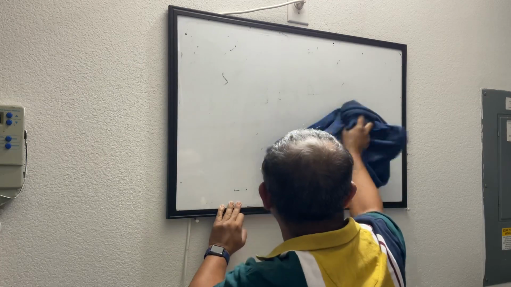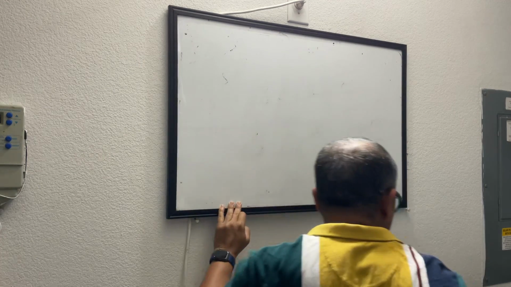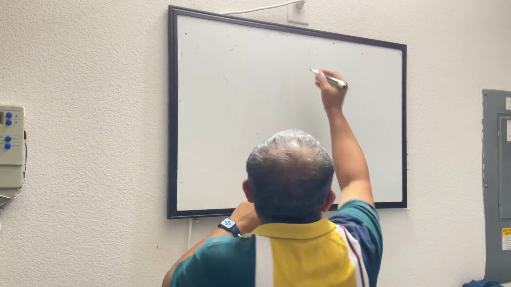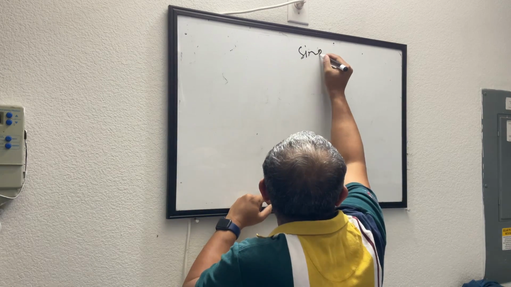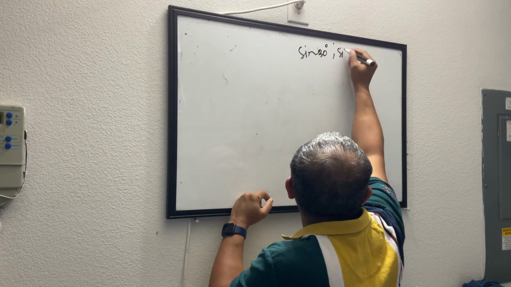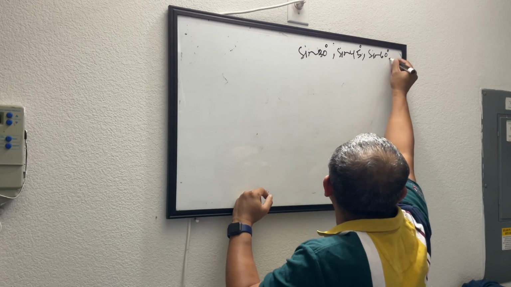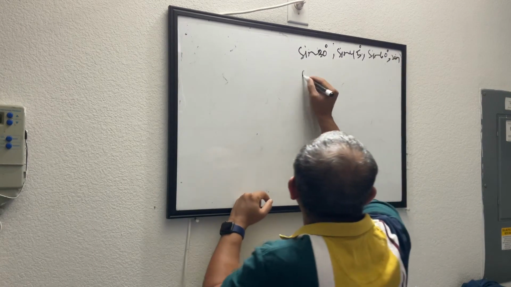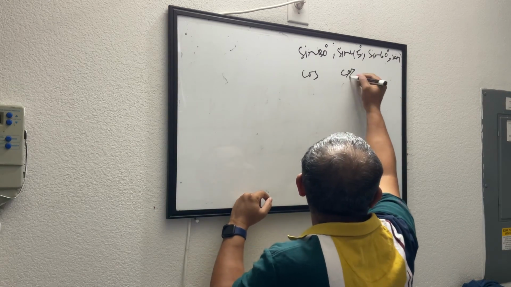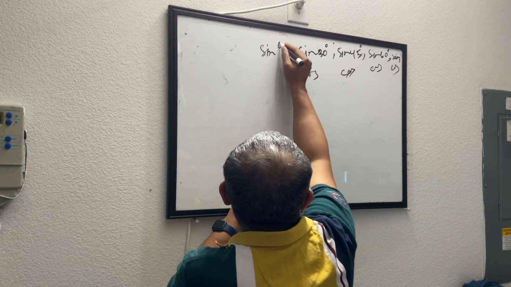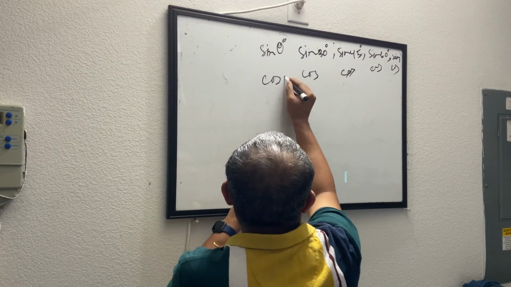So let's keep this as a backbone of what we're going to learn. Now I'm going to talk about some of the trig functions, and you would know that, okay, sine of 30 degree, sine of 45 degree, sine of 60 degree, sine of 90 degree, and then same thing with cos, and then sine of 0 degree also, cos of 0 degree also.